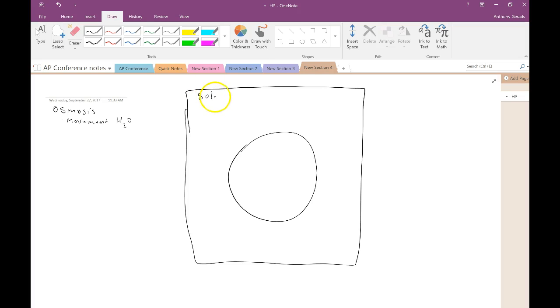So this is the solution. This is the cell. Okay. Inside both of these, just for the sake of this, I'm going to draw some water molecules.